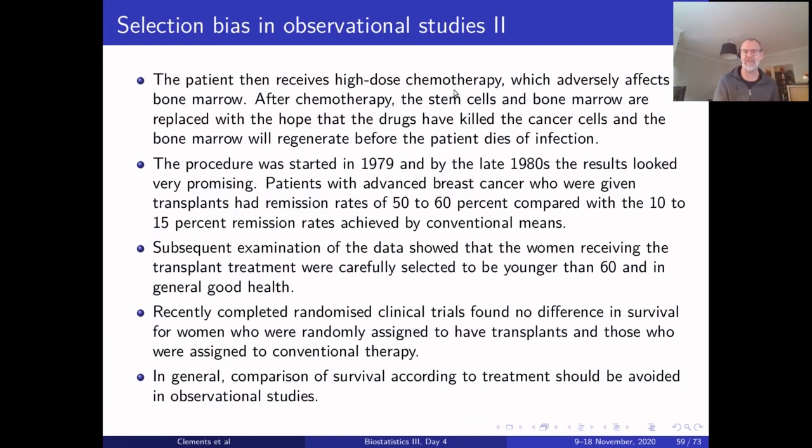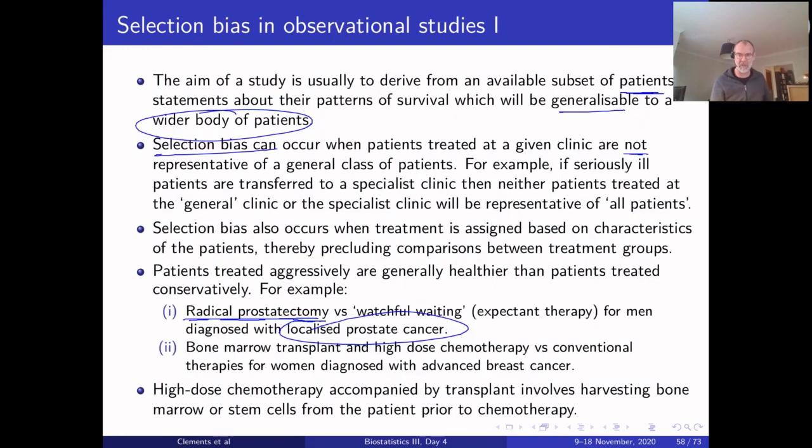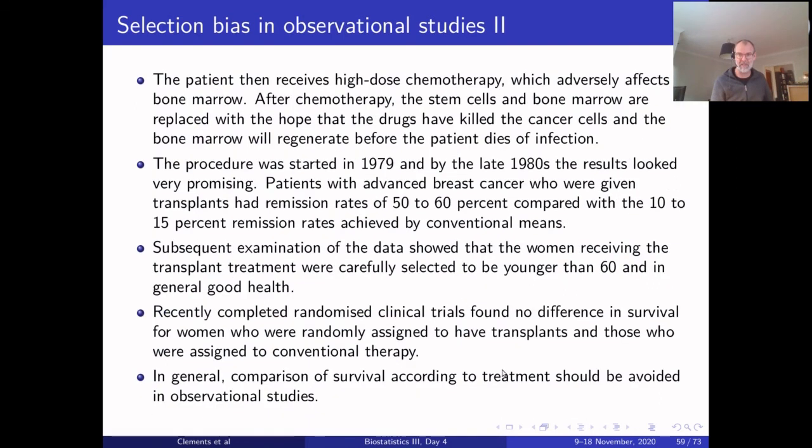The patient then receives high-dose chemo, which adversely affects their bone marrow. After chemo, the stem cells and bone marrow are replaced with the hope that the drugs have killed the cancer cells, and the bone marrow was... breast cancer.